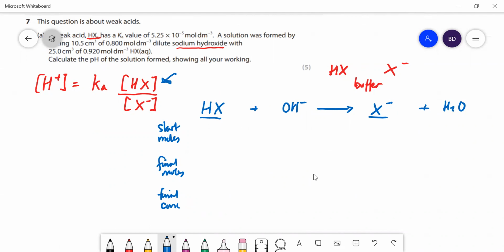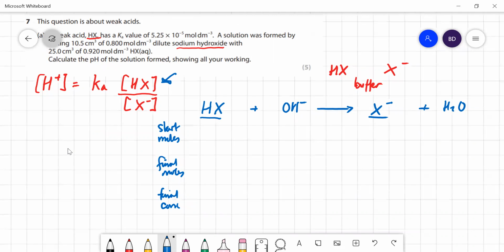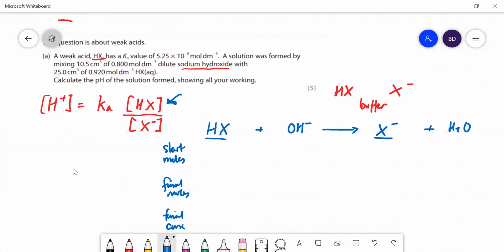So let's read the question. It says a solution formed by mixing 10 centimeters cubed of 0.8 molar sodium hydroxide. So the moles of NaOH at the start is concentration times volume.